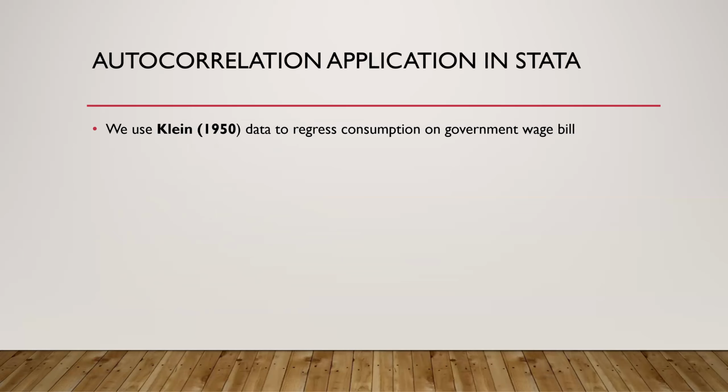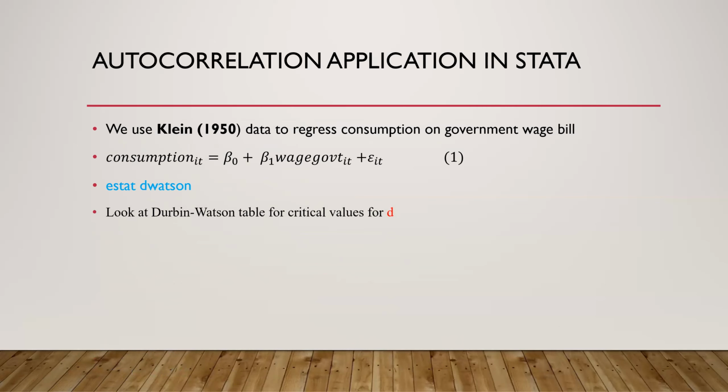Now we're going to use this data set provided by Klein 1950 to regress consumption, which is our dependent variable, on government wage. We want to see whether national consumption is being influenced by the government wage bill. All right, and we will use this post-estimation command, estat dwatson.